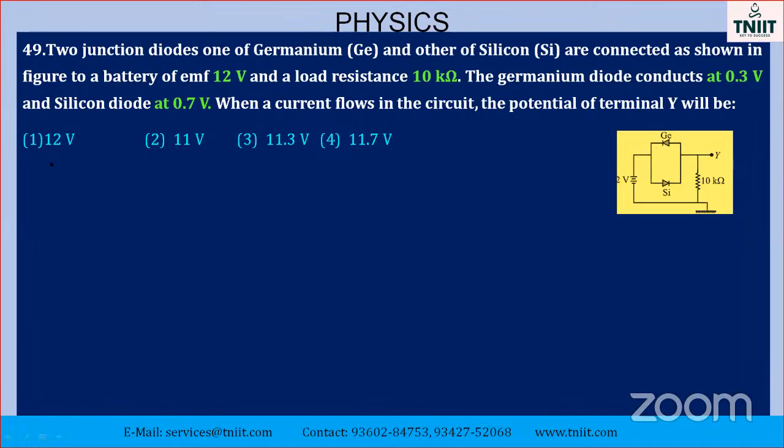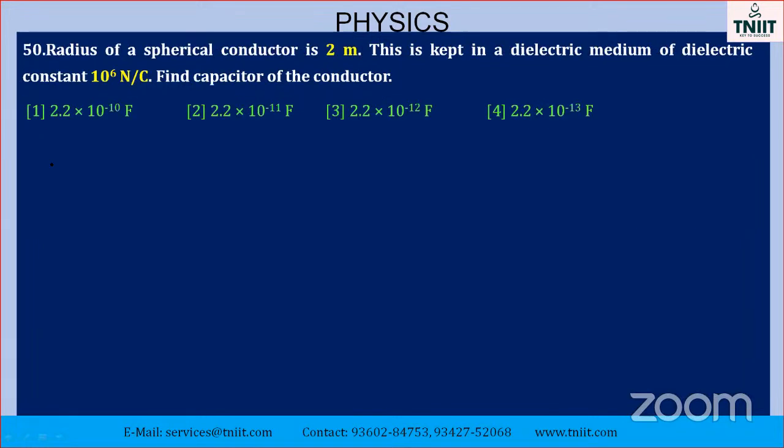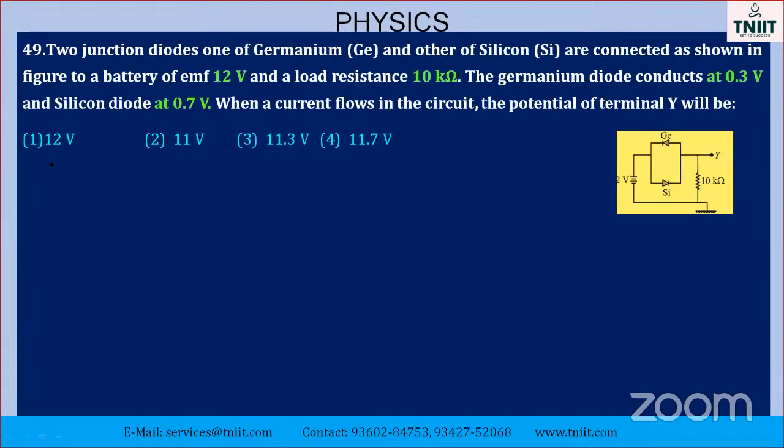Look at the 49th. Germanium and silicon are there. Look at the diagram. This is positive, this is negative.